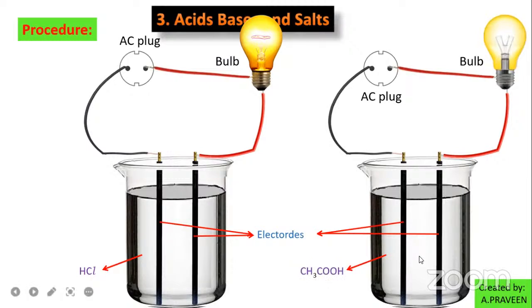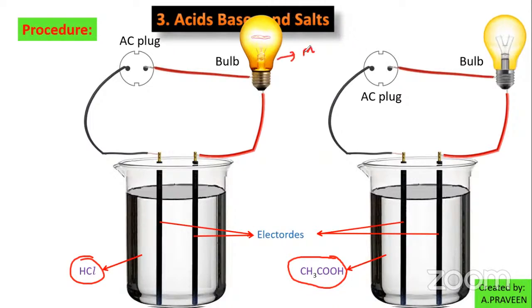Sorry, I mentioned NaOH solution, but what we added is acetic acid, right? So first you have taken HCl solution and the next solution is acetic acid. Now look at the brightness of the bulb in these two cases.